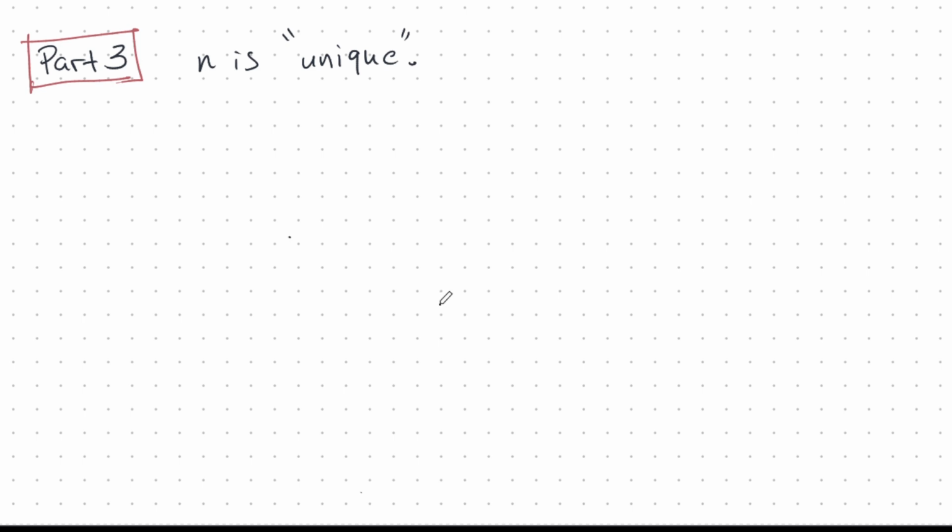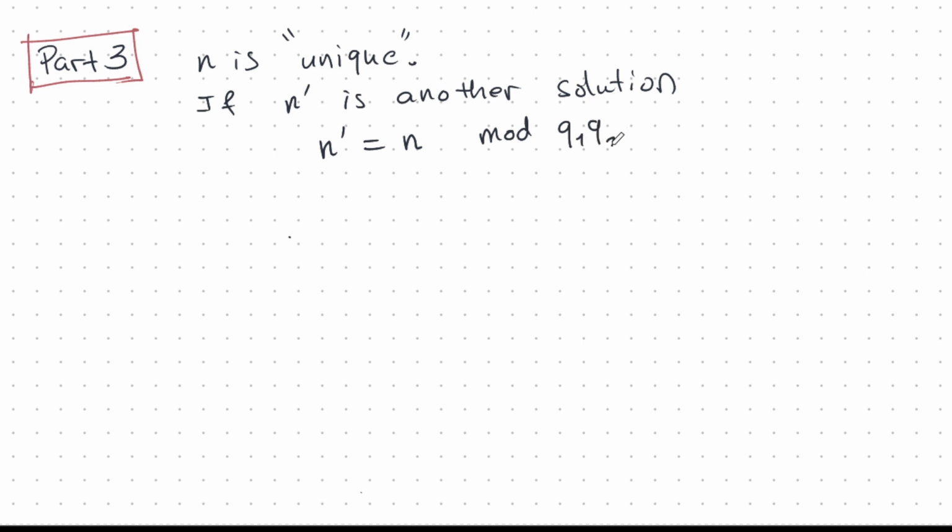The solution is unique. Well, these are congruence equations, so they mean something a little bit different from what you might expect. So we mean that if n prime is some other solution, then n prime is equivalent to n in a special sense, mod q1 times q2.